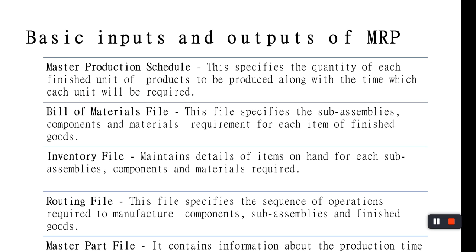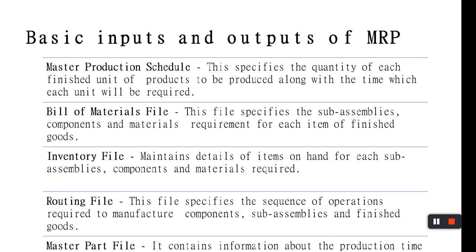So for example, we need 3 raw materials to produce our product. Let's just say, out of the 3 materials, one of which we will produce internally, and then the 2 we will just buy from the suppliers. So the master part file will show us the information about the production time, meaning how many days or how many weeks, how long will it take us to produce this raw material that we are manufacturing internally.